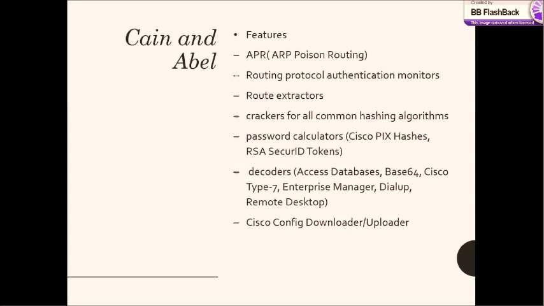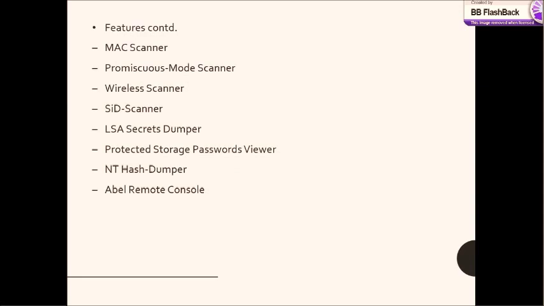Also, the Cisco Configuration Downloader/Uploader, the SID Scanner, LSA Secrets Dumper, Protected Storage Passwords Viewer, NT-Hash Dumper, the Abel Remote Console, and the MAC Scanner to very obviously find out the MAC of the computer, Promiscuous Mode Scanner, Wireless Scanner, and others.